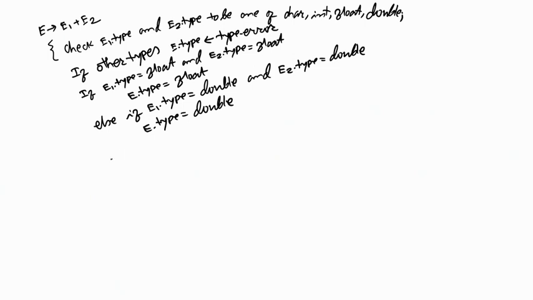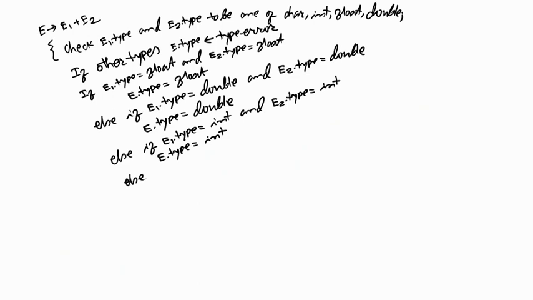Else if E1.type is equal to integer and E2.type is also equal to integer, in that case E.type is equal to integer, else E.type is equal to character.